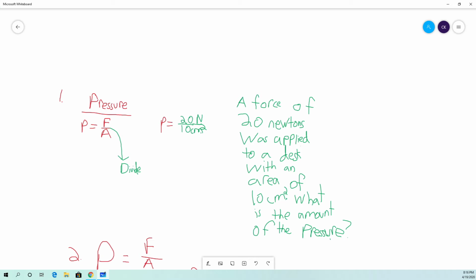Like we did with the speed problems and the acceleration problems, we have an equation. We're going to plug our known values into the equation. We first have to ask, what are we being asked to find? We want to know what pressure is. So we're obviously going to use this equation.